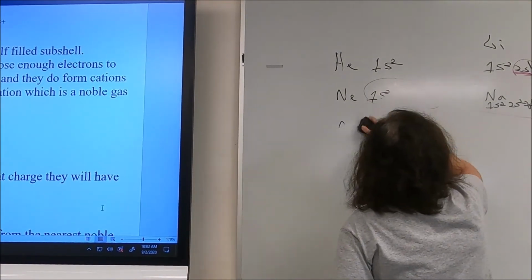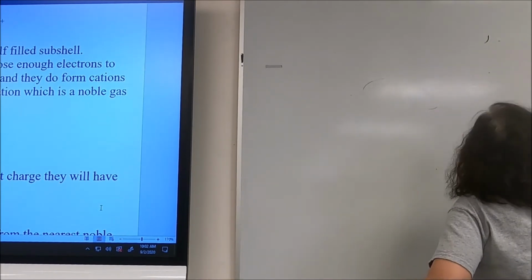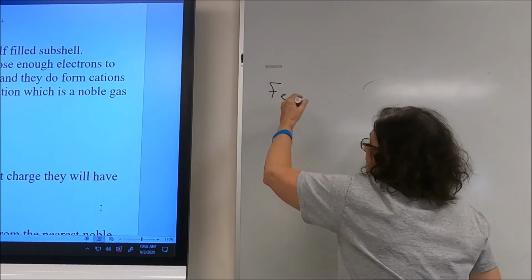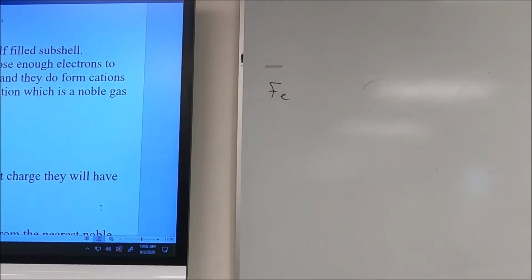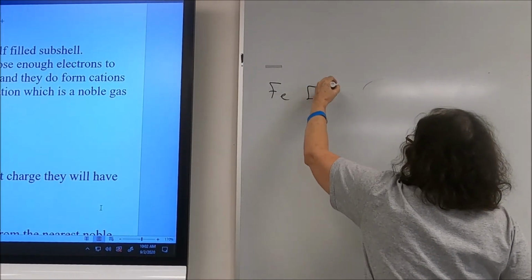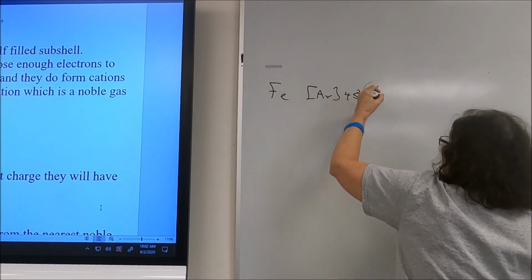So let's look at these electron configurations. If we look at iron, Fe, the row that ends above it is argon. So its electron configuration is argon, 4s2, 3d6.